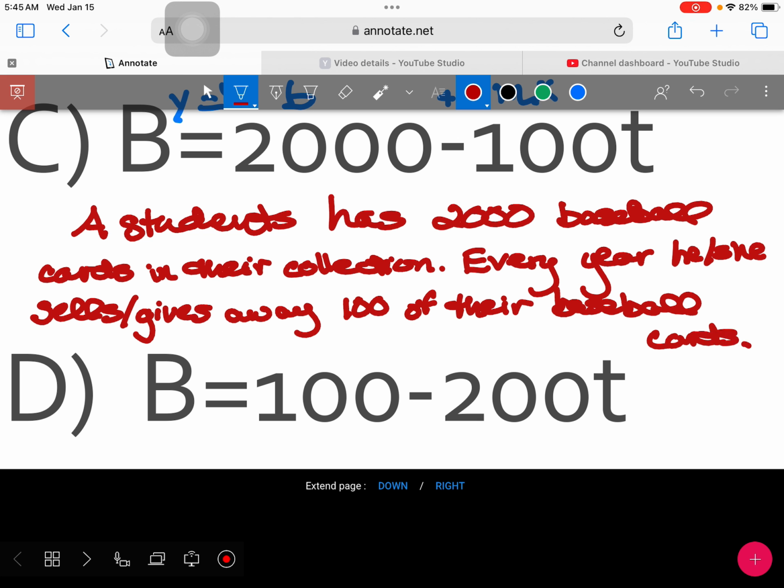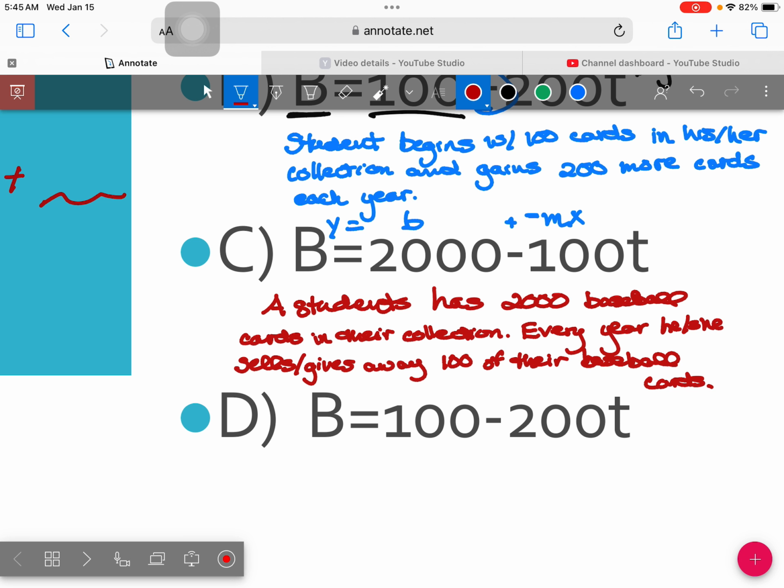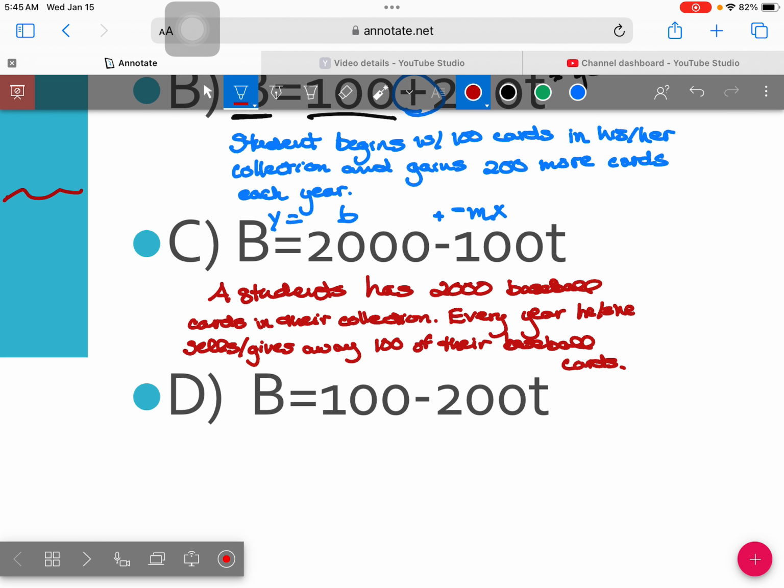So that is what is going on in this particular linear equation. Okay?